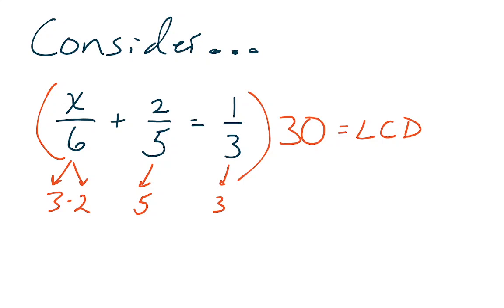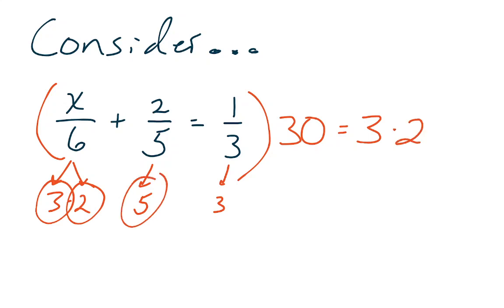Now, the LCD that I have over here has to contain each factor. It has to have each factor represented. So I need a 3 represented in my LCD. I need a 2 represented. I need a 5 represented. Now, somebody might say, well, you're just kind of circling all the numbers and putting them all beside each other.